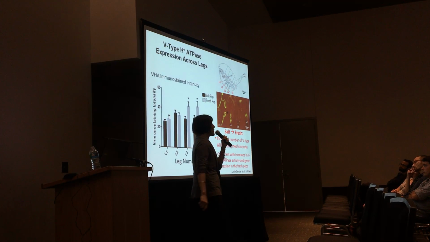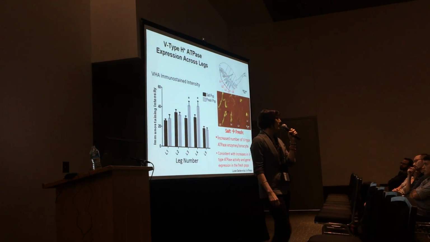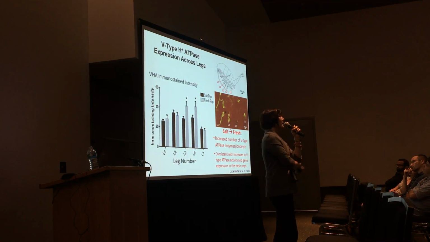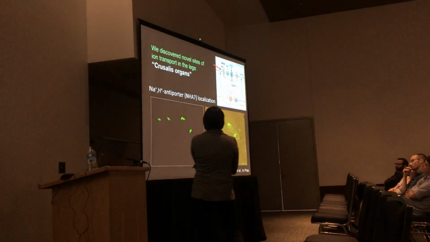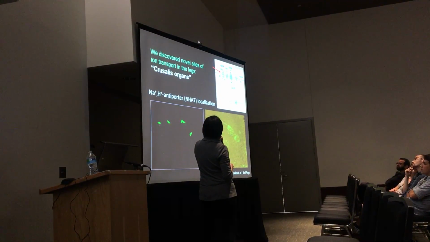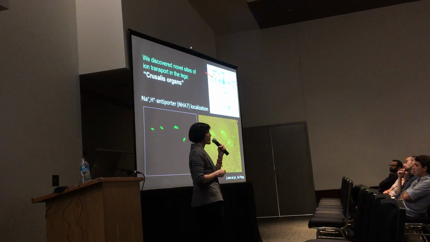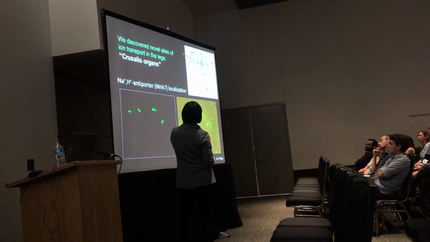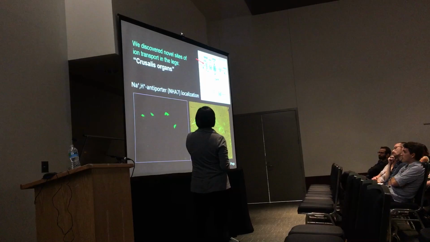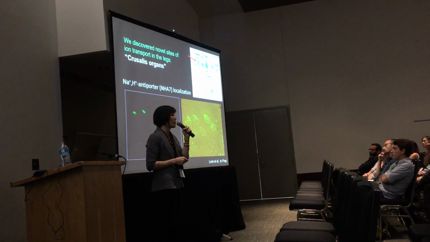And this increase in expression was consistent with the increase in gene expression and activity of B-type ATPase that I showed you in earlier slides. And interestingly, the sodium hydrogen antiporter that was newly discovered in metazoans in only 2007 in mosquito larvae also was localized at these sites of ion transport in the chrysalis organs.